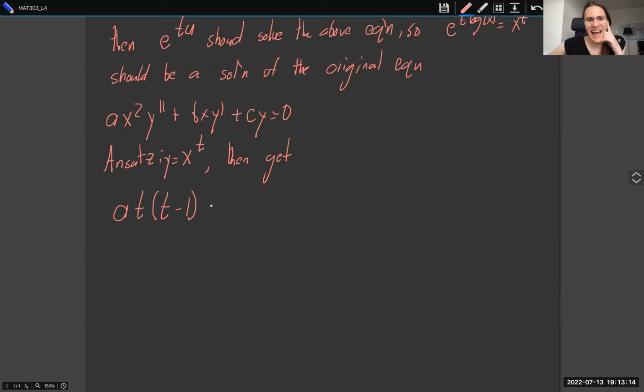Yes, and so we get times x squared times x to the t minus 2 because we differentiated twice. So now you see why there was an x squared there, right? It's just exactly to cancel with the two derivatives. It compensates for the derivatives and it goes back. And then for the next coefficient, what do we get?